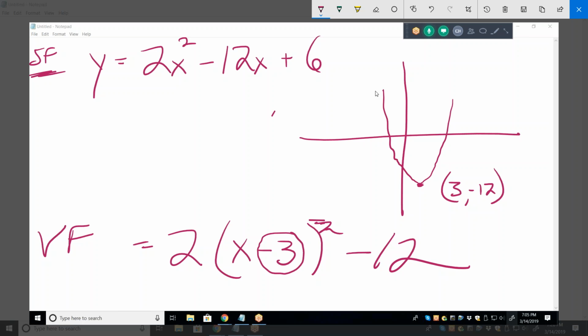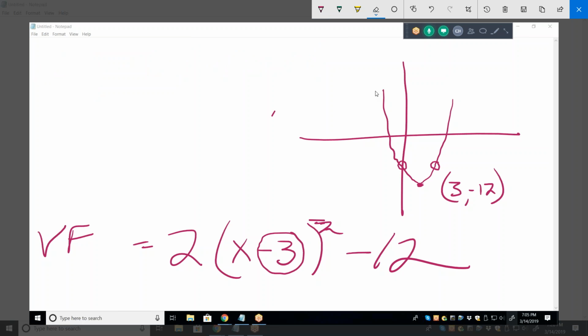Okay, now we need 2 points. In this case, I'm quite certain that this point and this point will be the easiest ones to find. Let's find those first. That's no longer our equation.